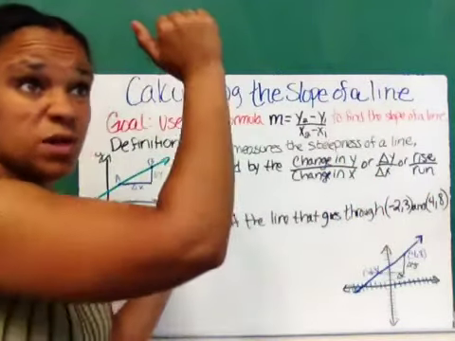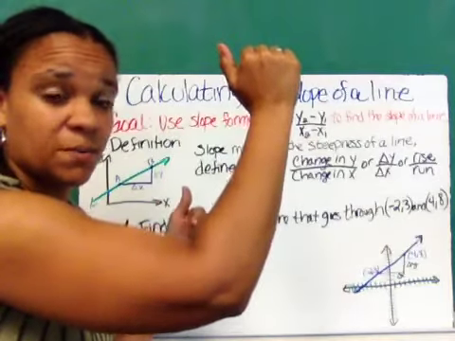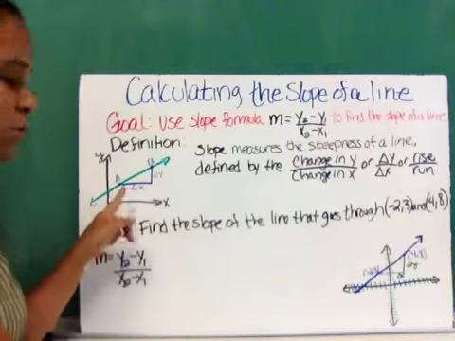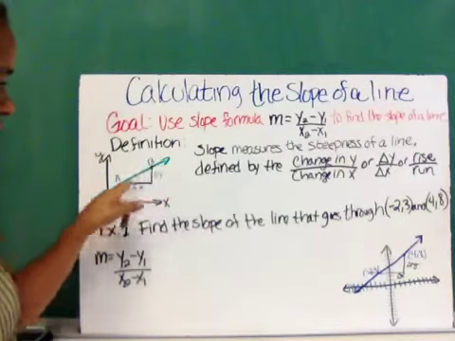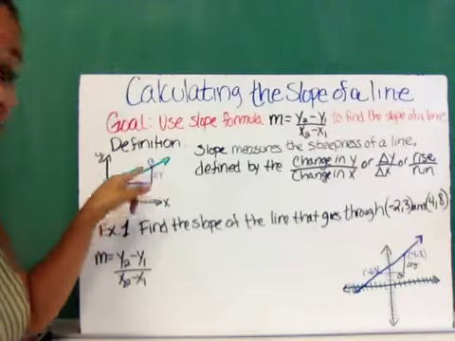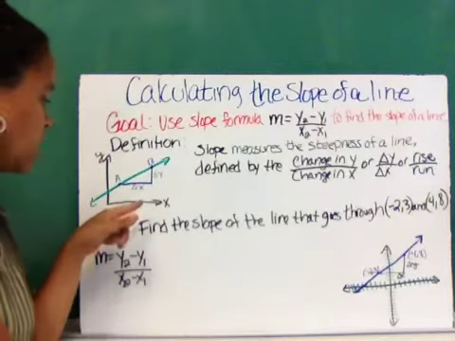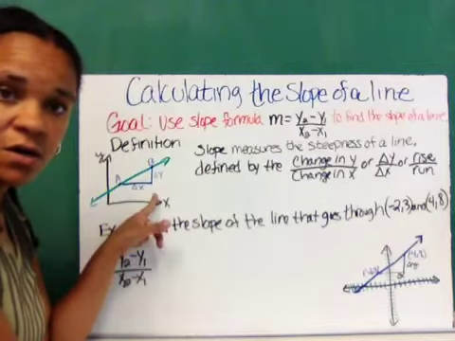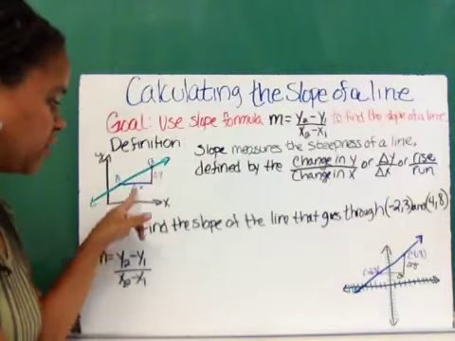So if something goes up really, really fast, but only goes over a little bit, that's going to be a pretty steep line. Here we have a little graphic. The green one is the line, with 2 points, point A and point B. So we're looking at the change in y over the change in x.